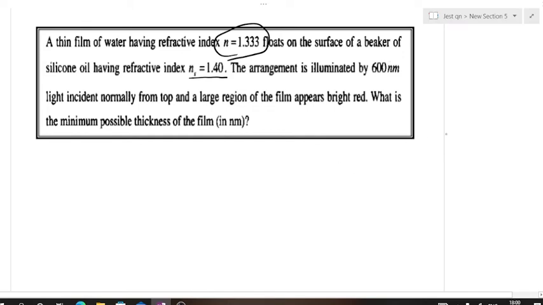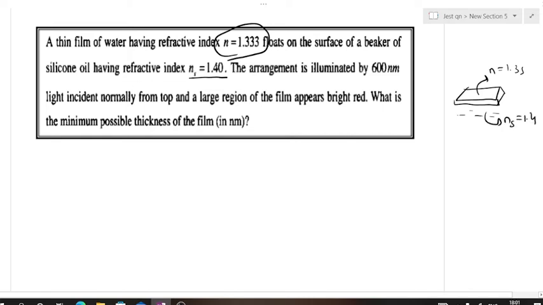Here it's very simple. Suppose this is the thin film. This is the thin film, and refractive index of this film is 1.33, and it's floating on oil, and oil refractive index is given 1.4.